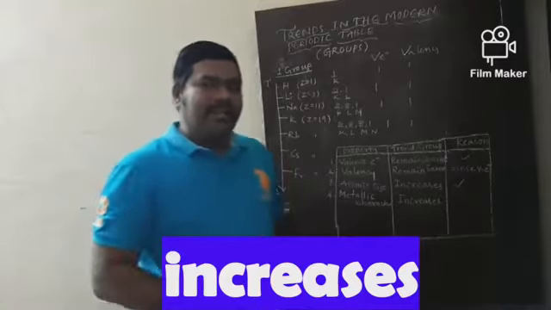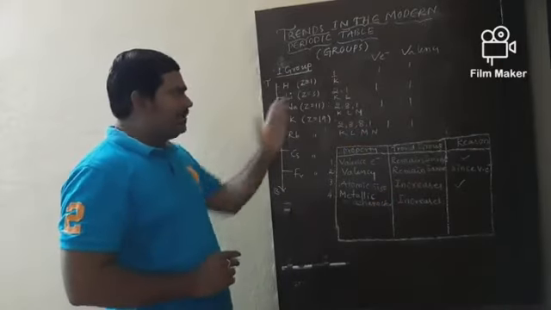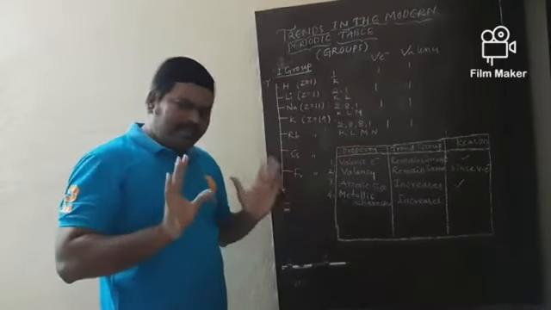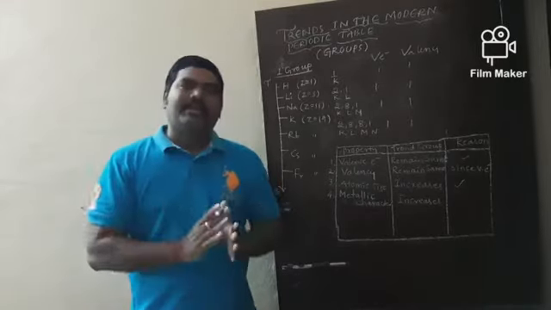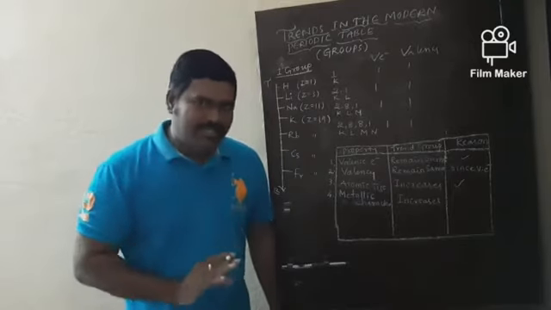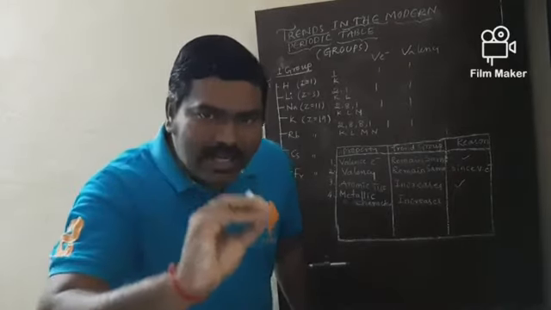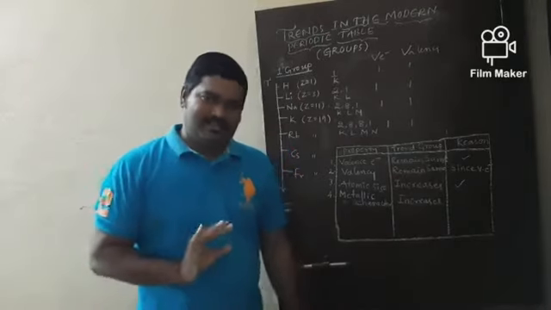But why does metallic character increase from top to bottom? Because from hydrogen to francium, the size of the atom regularly increases. That you know very well. Whenever the size of the atom increases, distance also increases. If distance increases, nuclear attraction over outermost shell electrons decreases.